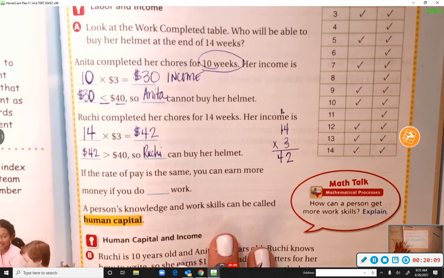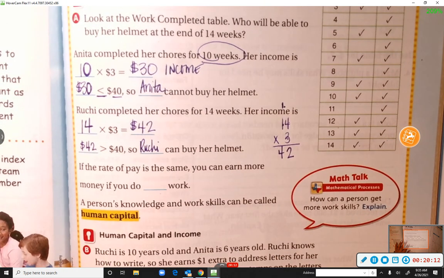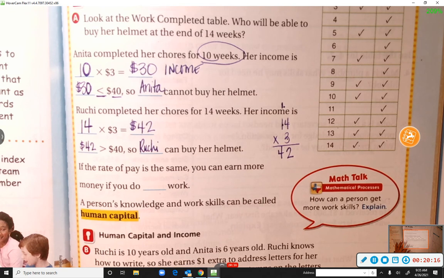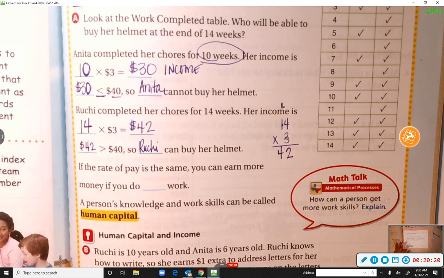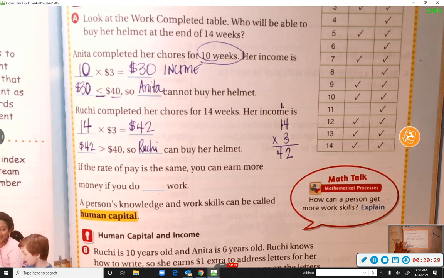Okay? So if the rate of pay is the same, meaning they both got paid $3, their rate of pay was the same, you can earn more money if you do blank work. What do you think goes there? You can earn more money if you do, Kelsey?